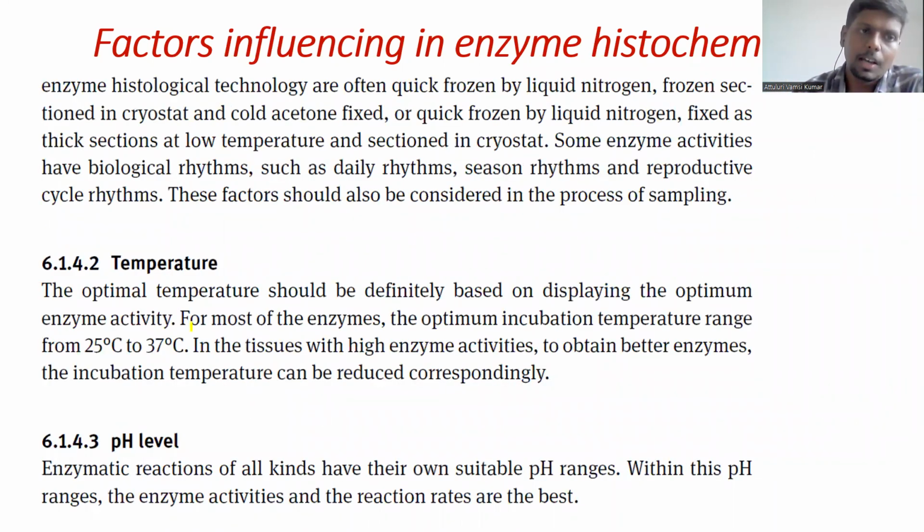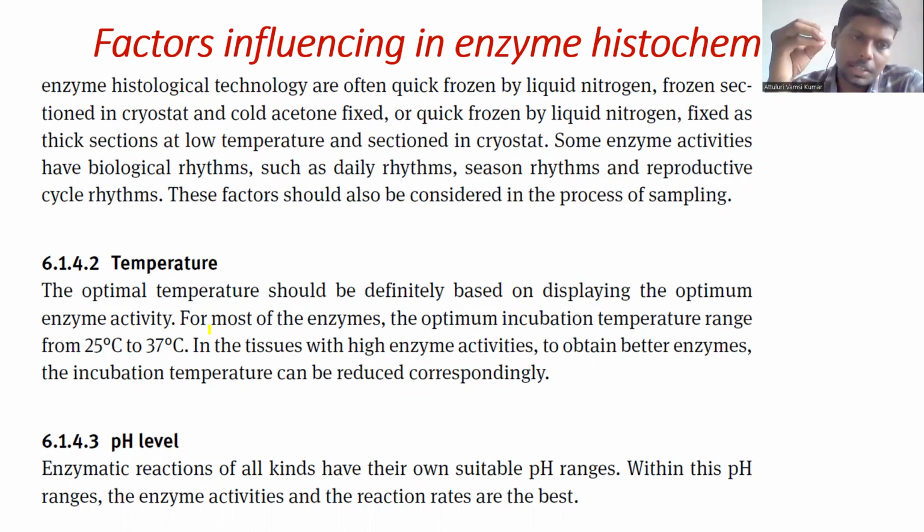Then temperature. Every enzyme requires an optimum temperature for its normal activity. If we increase the temperature of this tissue, definitely these enzymes are not going to react. So temperature we need to keep in mind, and pH levels. Every enzyme has its own optimum pH range for its functional activity.